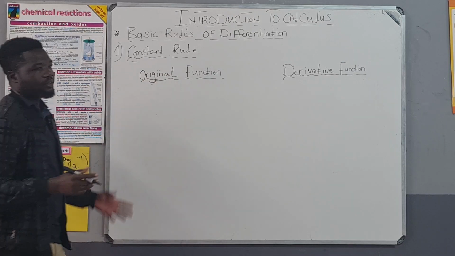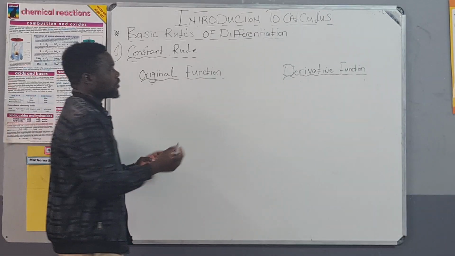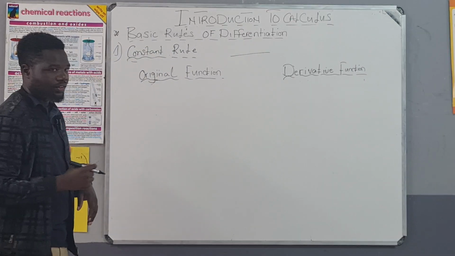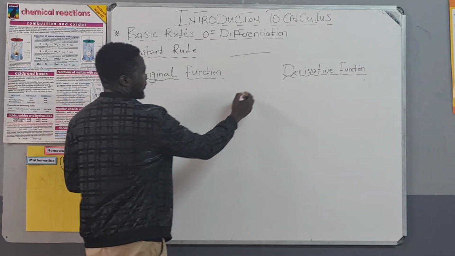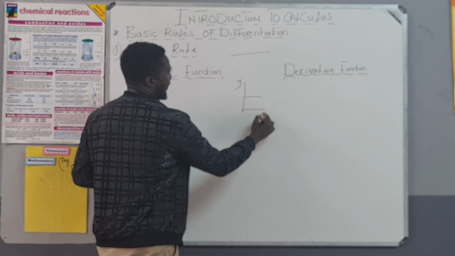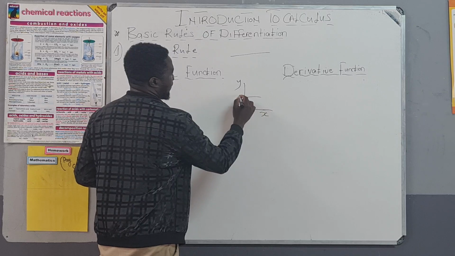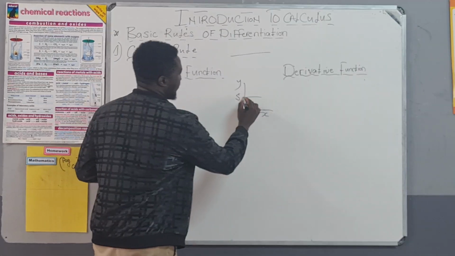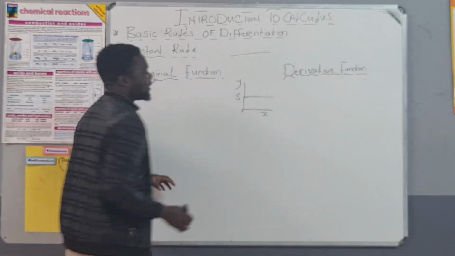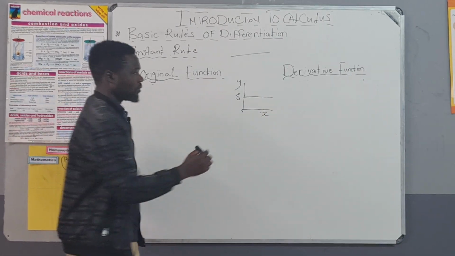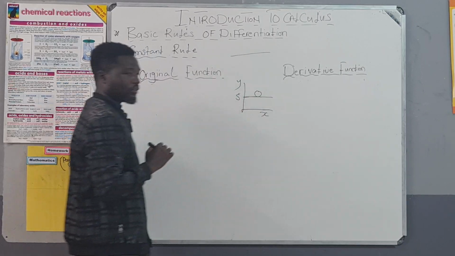What does the constant mean? We all know a constant is a straight line. For example, if this is your Cartesian plane, with y and x, and this line is at 5, when you check this line, it doesn't have a gradient. It is just constant, so the gradient is 0.